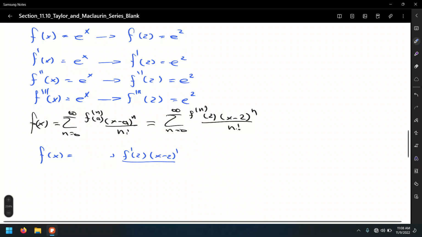Well, technically there has to be f of 2 times x minus 2 to the 0 power over 0 factorial, then over 1 factorial, plus f double prime of 2 times x minus 2 to the second power over 2 factorial, plus f triple prime evaluated at 2 times x minus 2 to the second power over 3 factorial. But of course we're not going to write infinitely many terms. We can just use the dot dot dot symbol to indicate infinity in a way.